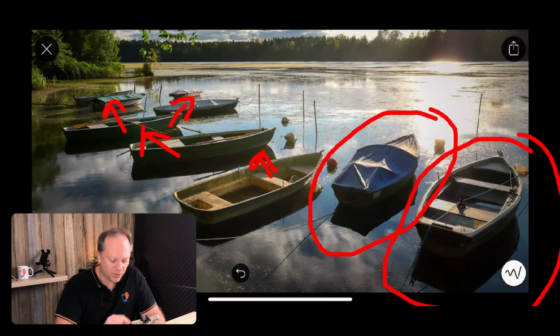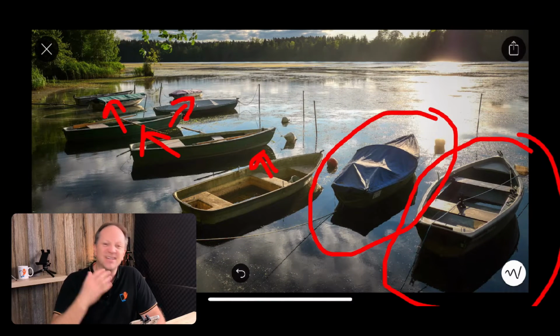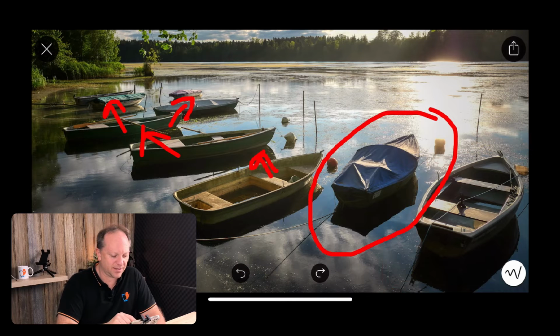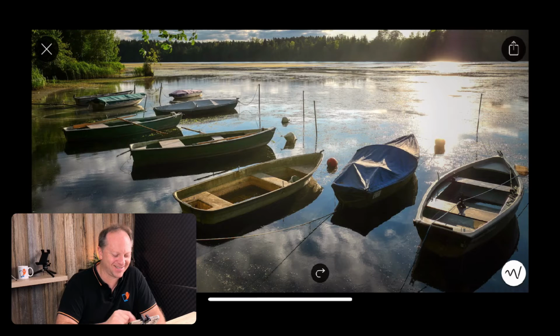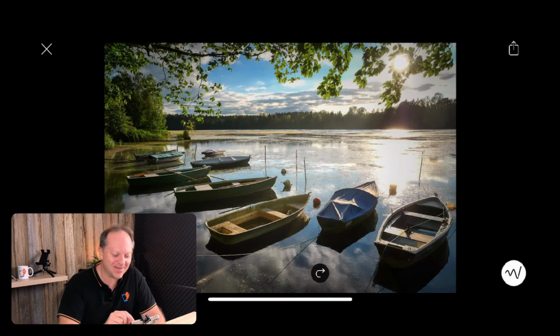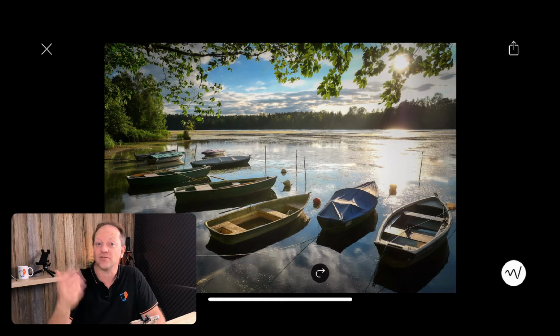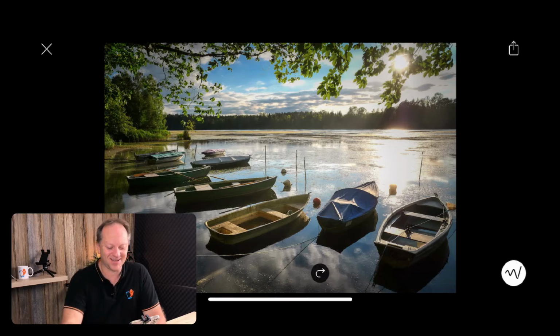But this one here in the corner, the shadow hits the edge of the frame, so it doesn't stand out as much as this blue one. That blue one is really isolated. And these little buoys that they attach to, they're isolated. So that isolation kind of grabs your attention and makes it stand out a little bit. Now, merges are good, and I like that. But now that I've pointed it out, you probably see it a lot clearer.